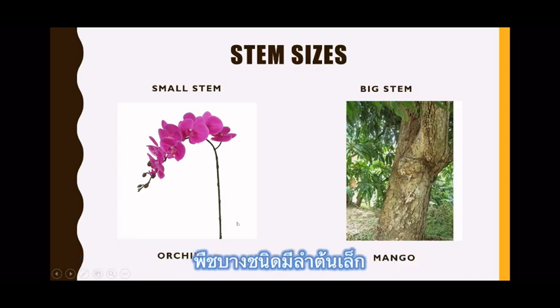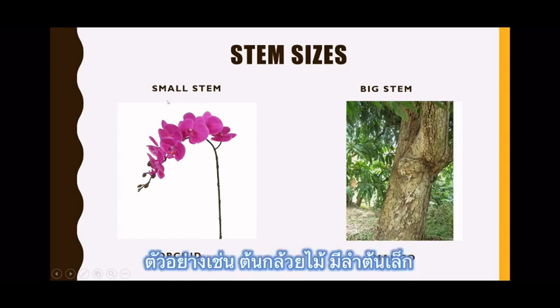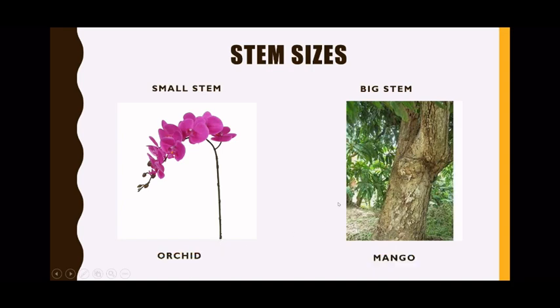Other plants have small stem, and some plants have big stem. For example, this orchid plant has a small stem, while this mango tree has a big stem.